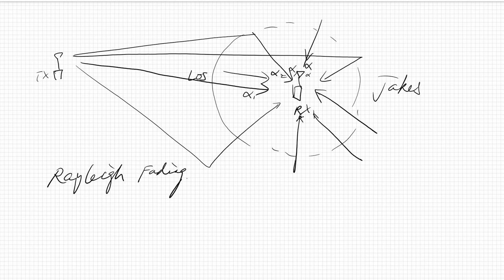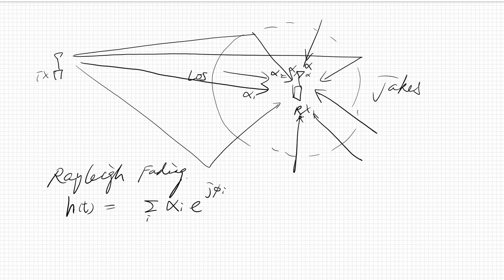Then I have a Rayleigh fading channel. Now, if you look at the channel response h(t), in this case we sum over all these paths, path alpha i times e to the power j phi sub i, phi being the random phase.